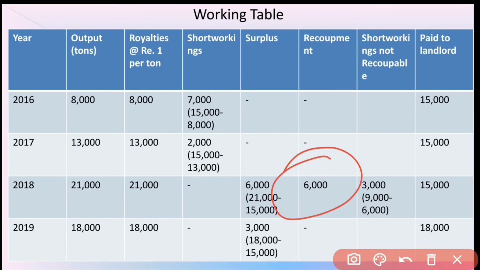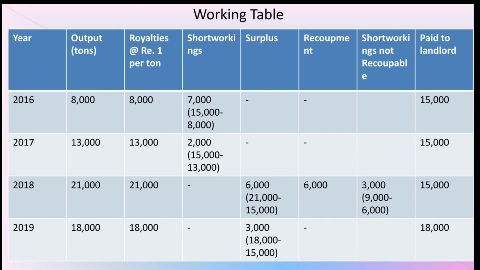However, the short working is 9,000. So what do I do? 9,000, that is my short workings, minus whatever amount I can recoup, that is 6,000, is the shortcoming that was not recoupable. Okay, I could not recoup 3,000. So this is my actual loss. Actual loss of the lessee is 3,000. I hope you've understood till here.